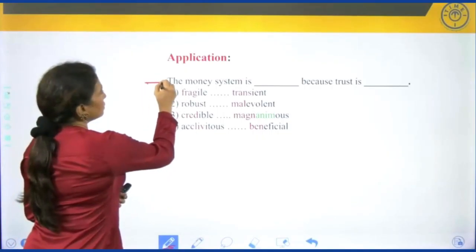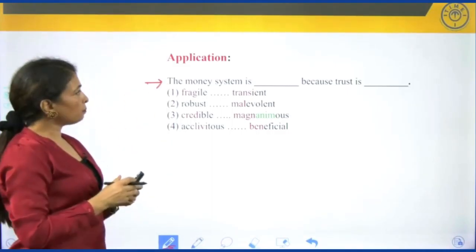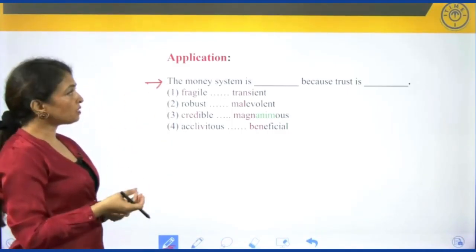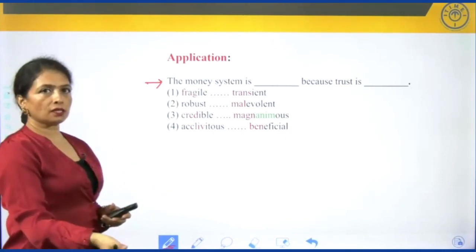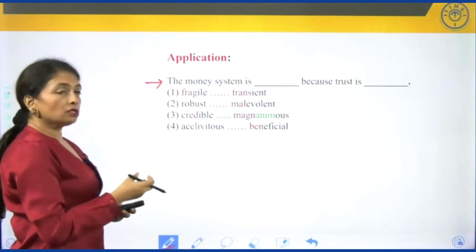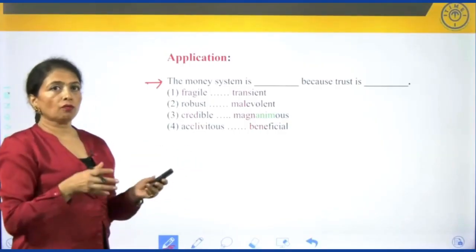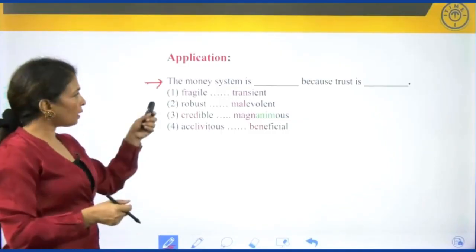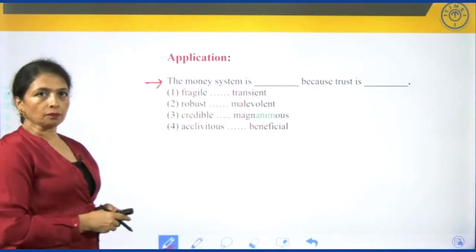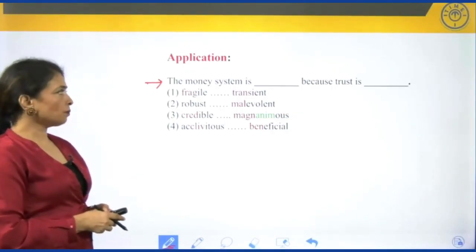The sentence has two blanks. The money system, or the financial system, is dash because trust is dash. So we need to find out a reason why the money system is what it is. We have some clue of the money system, and the roots of the options, of course, will give us some idea.